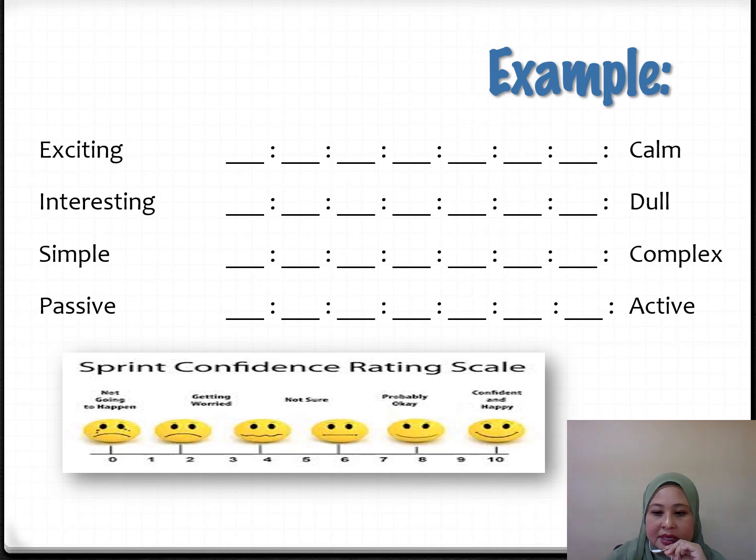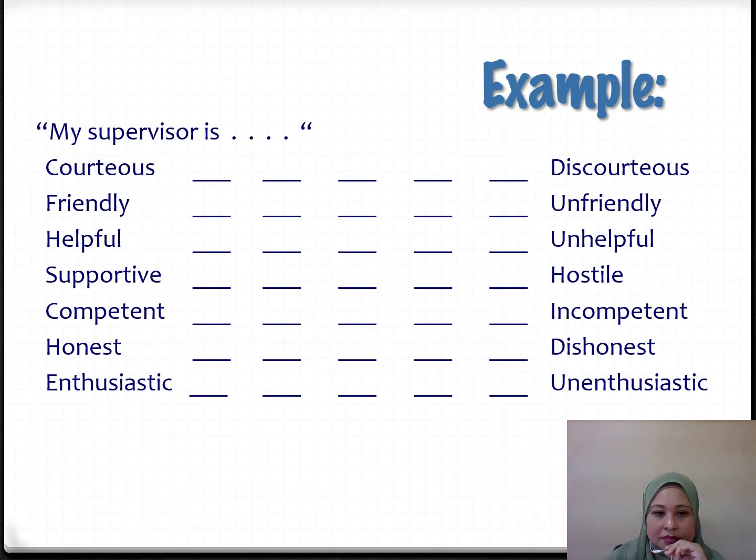Another example here. You can probably conduct your own survey regarding your experience with your supervisor. Maybe your supervisor is courteous, friendly, very helpful, very supportive, very competent, honest, enthusiastic.